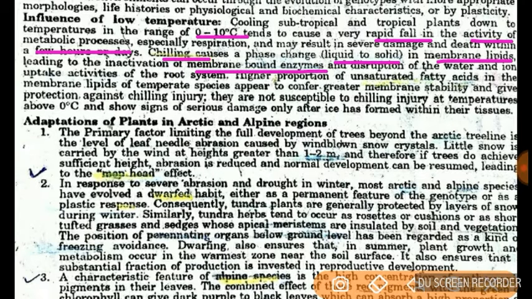Thus there is loss and damage in the plants. So how can plants combat this situation? This is through unsaturated fatty acids, UFA. The more of these fatty acids there are, the less the damage. So we will now understand with some examples.